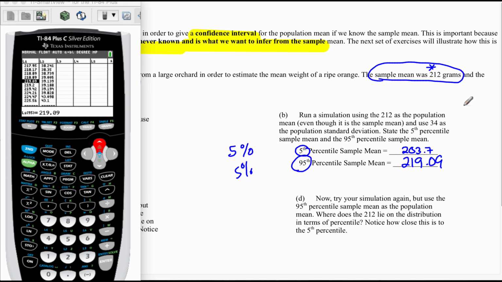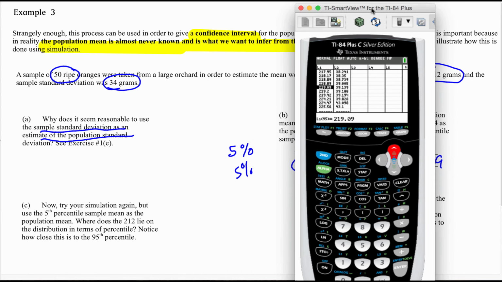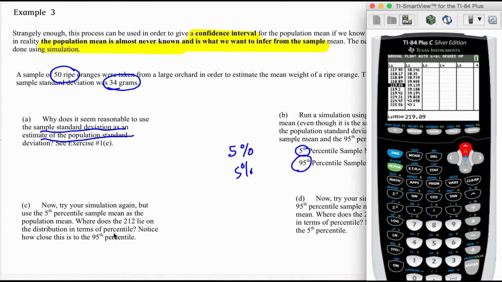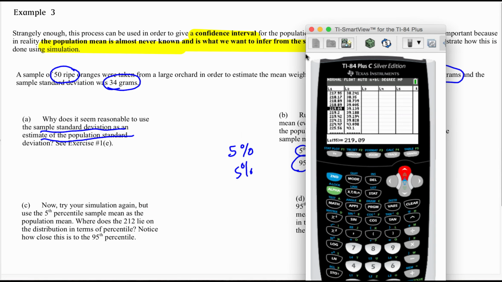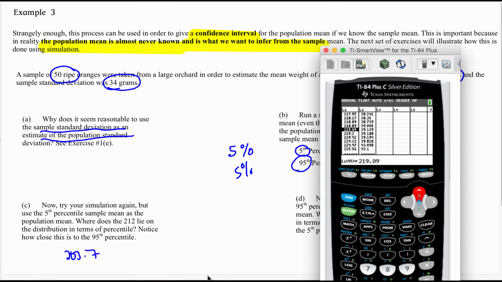So what we're going to do is run this simulation one more time, and we want to get a confidence interval. I'll cut out and just give you the results. I'm going to take this 203.7 and run it, and the other one, 219.09.